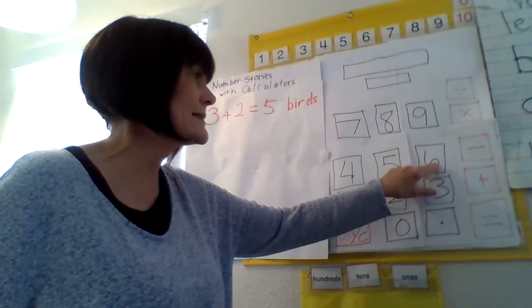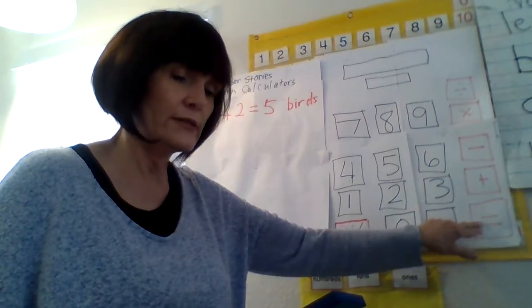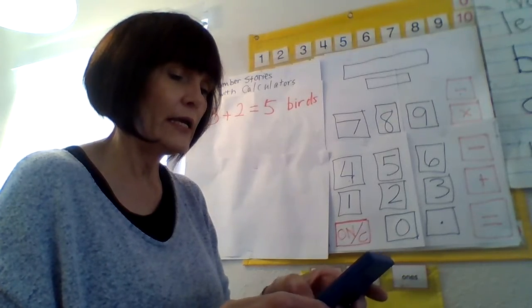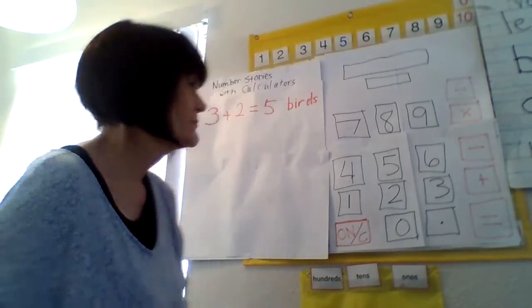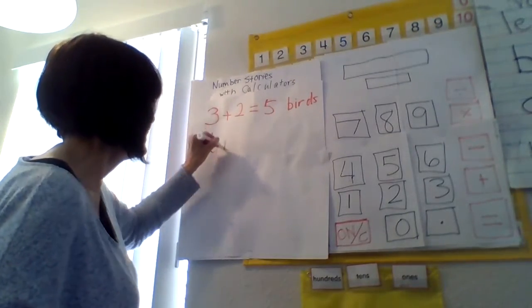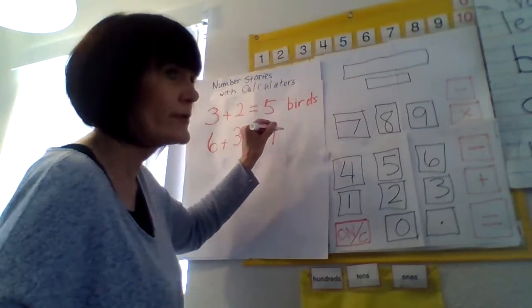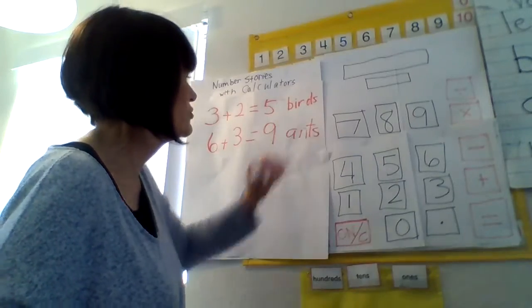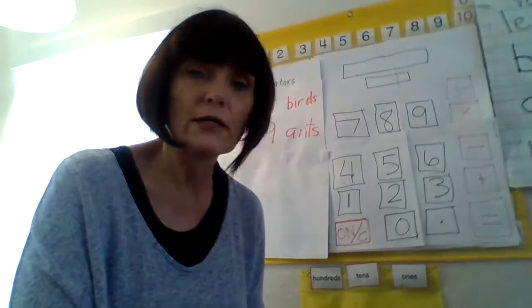So 6 plus 3 equals. Did you get 9 like I did? Yay. 6 plus 3 equals 9. What were we talking about? Ants. Label, label, label. Don't forget to label, so people know what you're talking about.